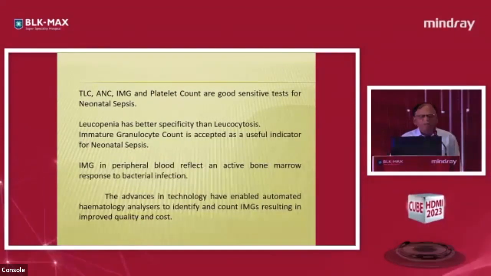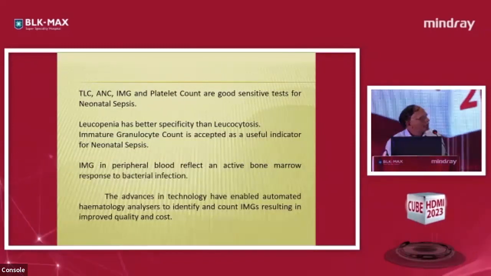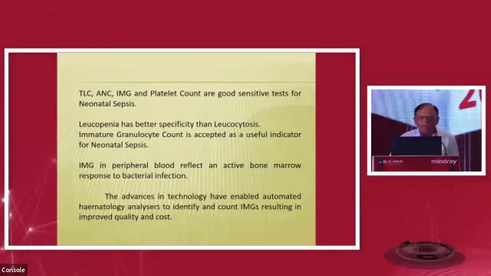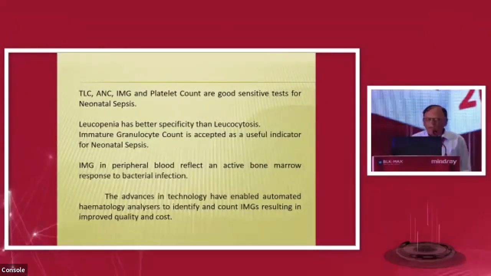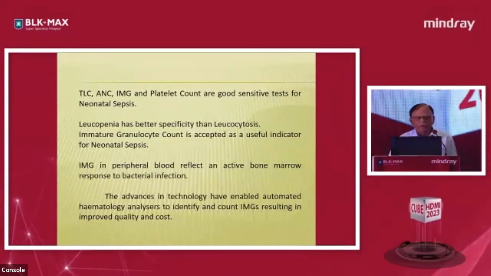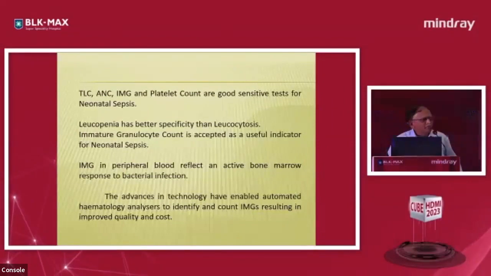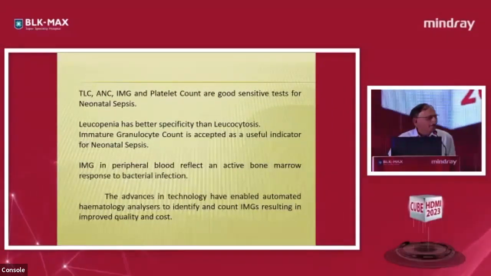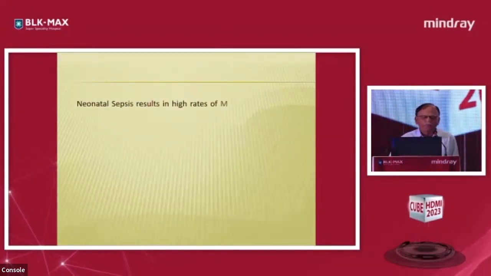Immature granulocytes in peripheral blood reflect an active bone marrow response to bacterial infection. Advances in technology have enabled automated hematology analyzers to identify and count immature granulocytes, resulting in improved quality and cost. I am using the Mindray BC 720, and so far I am very happy with the results I am getting in this counter.